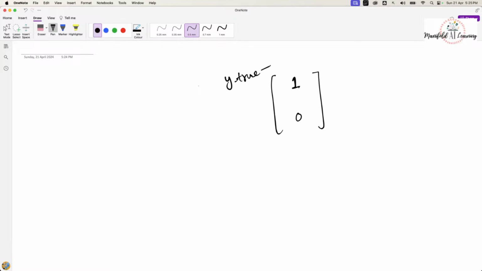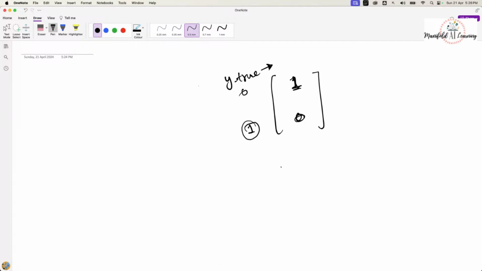If I have two classes, 0 or 1, we'll generally represent it as one hot encoded, where 1 means it belongs to class 0, and if I have 1 in the other position, it means it belongs to class 1. So 1 and 0 refers to the correct distribution.